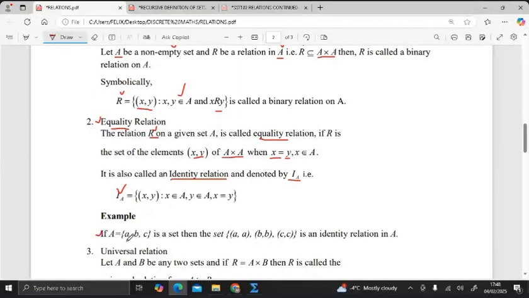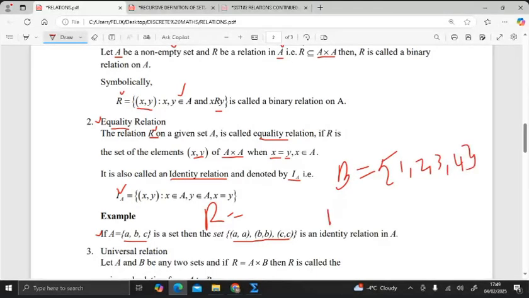It's also called an equality relation, but this name is no more common. An identity relation on A becomes an identity relation if X and Y are the same. And in this case, we have this example here. If we take A, a set whose elements are A, B, C, then you notice that this R here that consists of AA, BB, CC is what we call an identity relation.